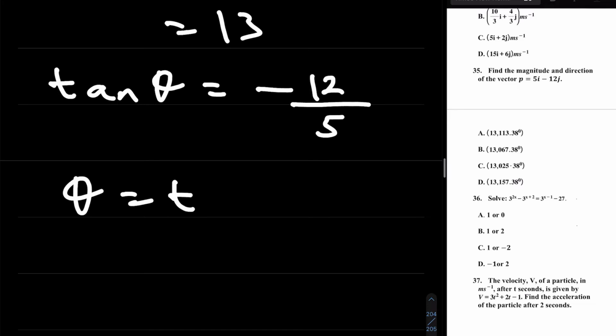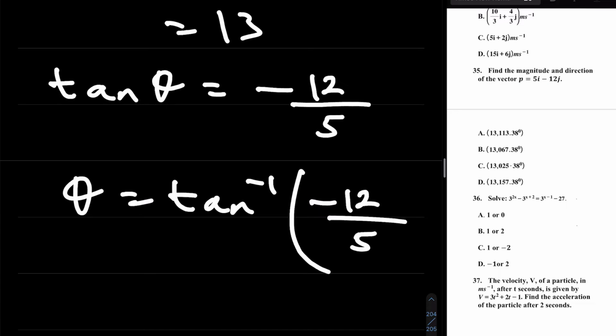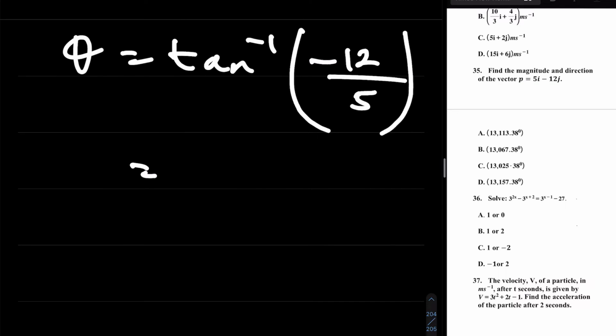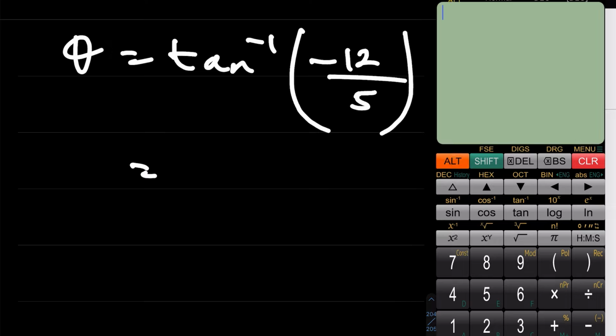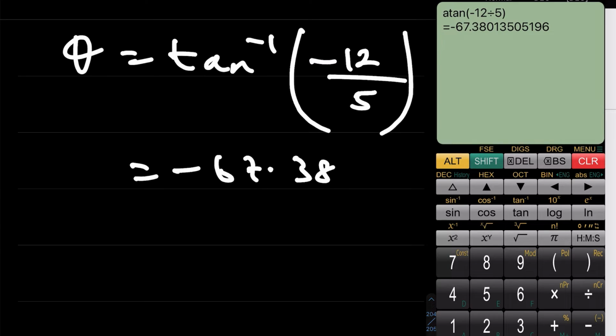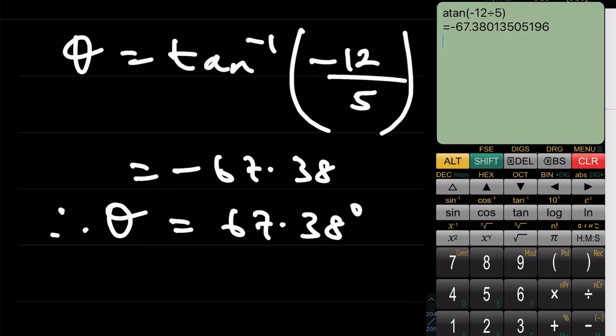So tan inverse of minus 12 divided by 5 is minus 67.38. The sign only shows direction, so the direction of the vector is therefore 67.38 degrees.